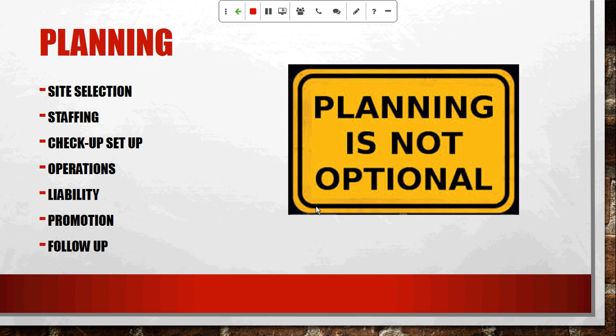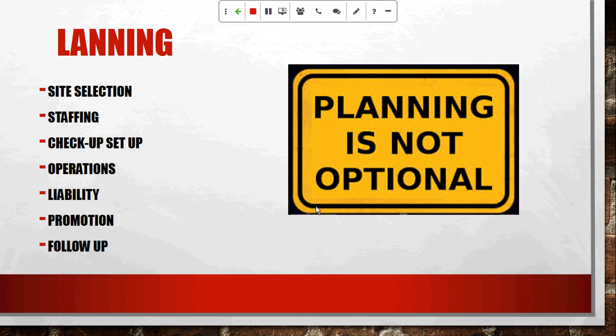So the main areas of planning that you will really want to focus on is site selection, staffing, checkup setup, operations, liability, promotion, and follow-up. So again, planning is not optional. You don't just decide one day that you want to throw together a car seat checkpoint, because if you are hasty with your planning, your event is not going to be as successful as it could be.